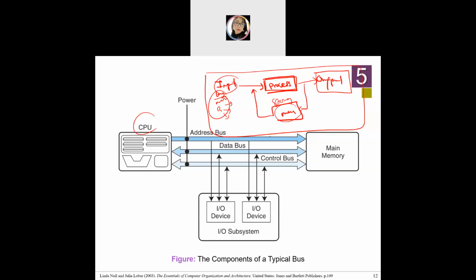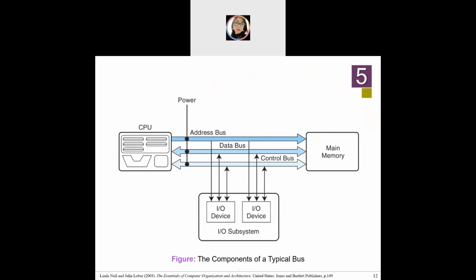So similarly, you see all of these need a connection to each other. So you can see the components of a typical bus. You have the CPU that processes. You have memory, storage. This one is input or even the output device. And you need to have the connection to each other. And again, you're going to have different types of wires, different types of bus.